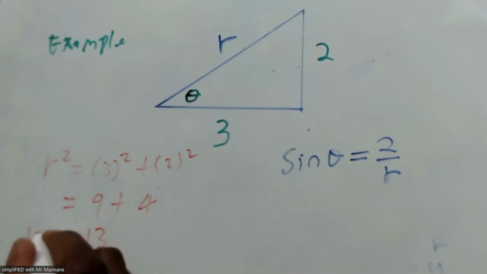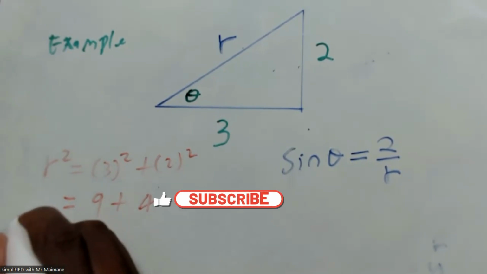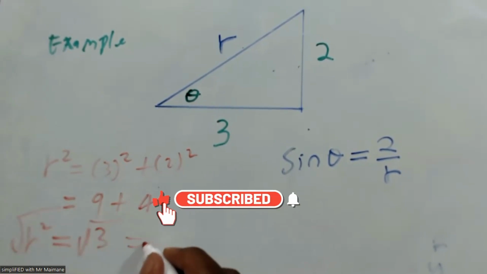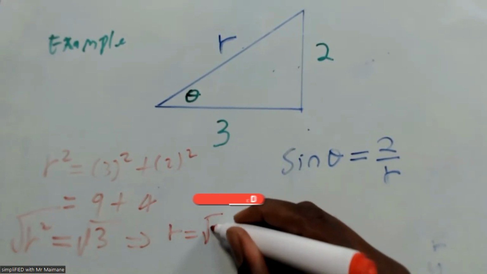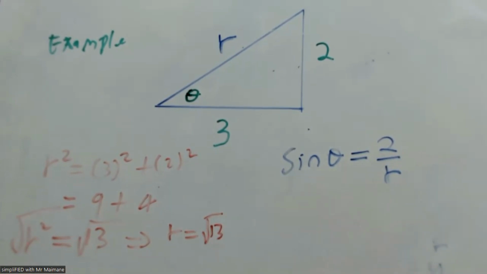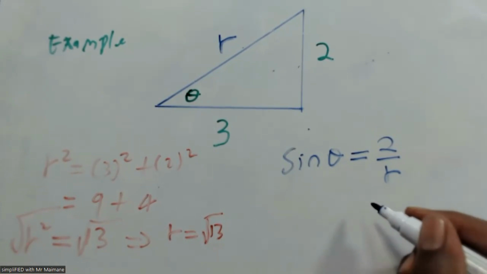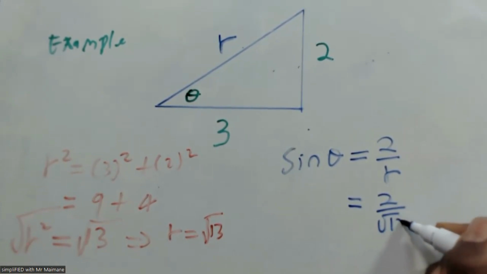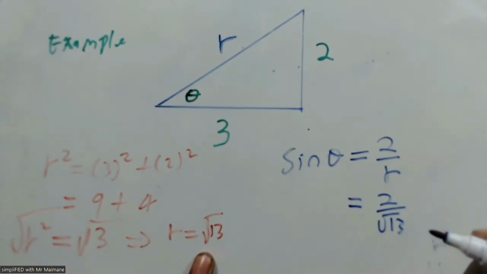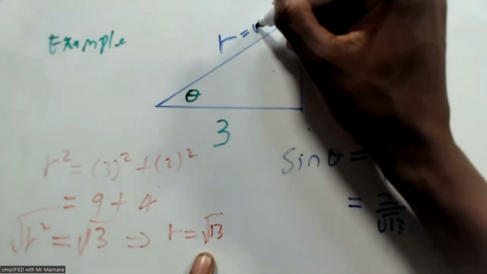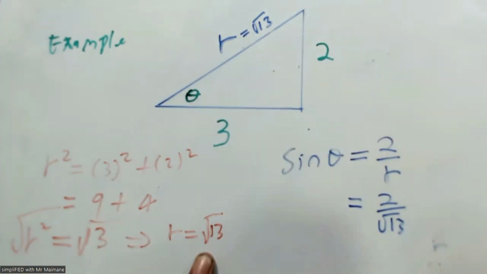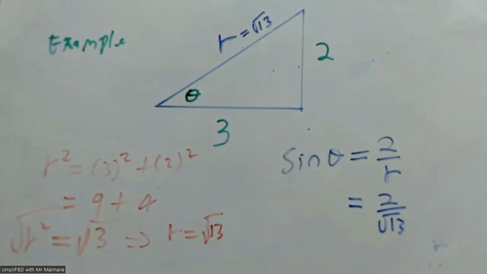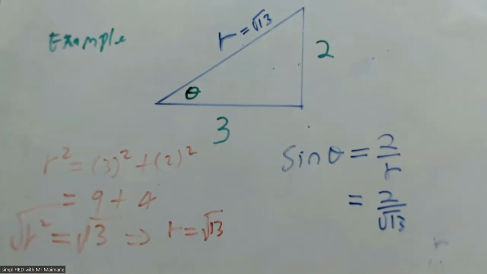It means if we want to get r, we're going to put square roots on both sides. Therefore, our value for r is just going to be square root of 13. That means our value for sine theta is equal to 2 over root 13, because that's what we find as the value for r. I don't know if you can hear me, Mr. Man, but this is how it's done.